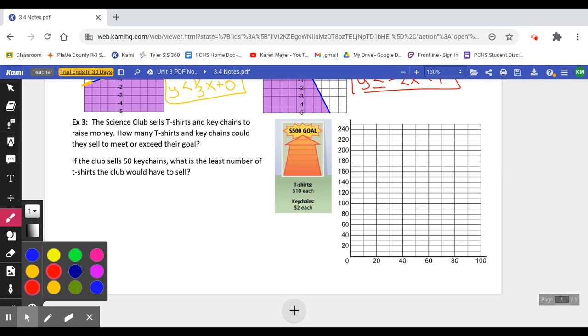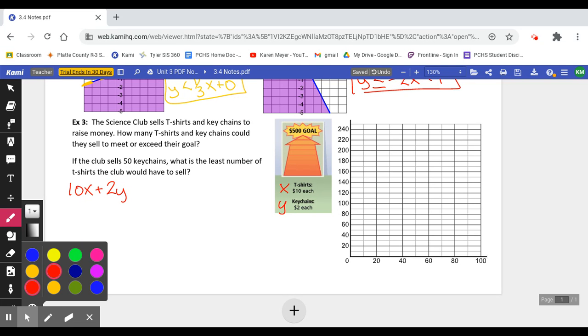And then it goes through and it says, if the club wishes to sell 50 keychains, what is the least number of t-shirts they would have to sell? All right, so I'm going to let X be the t-shirts and Y be the keychains. So t-shirt is $10, so 10X, plus keychains is $2, so 2Y.